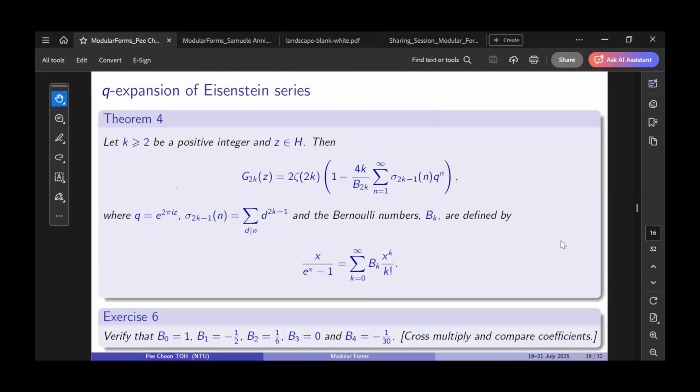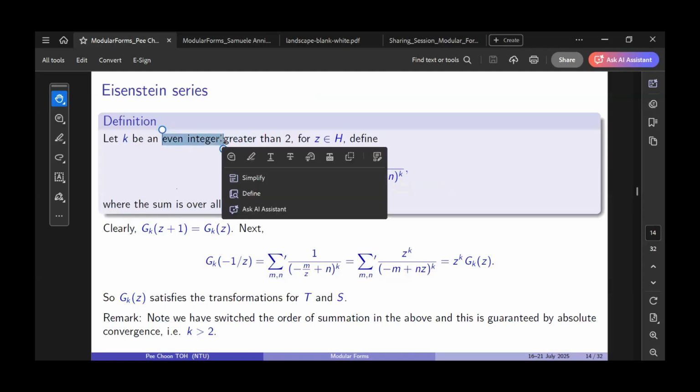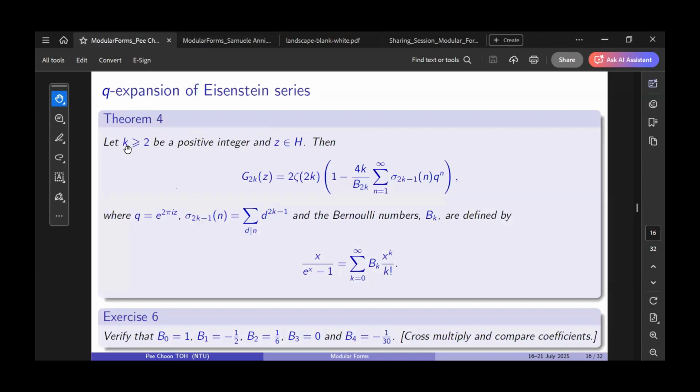So for any k bigger than 2 and z an element of the upper half plane, then G_2k, because the definition is an even integer, right? So basically now we go for any k can be odd, but now this is 2k to make sure it becomes even again.